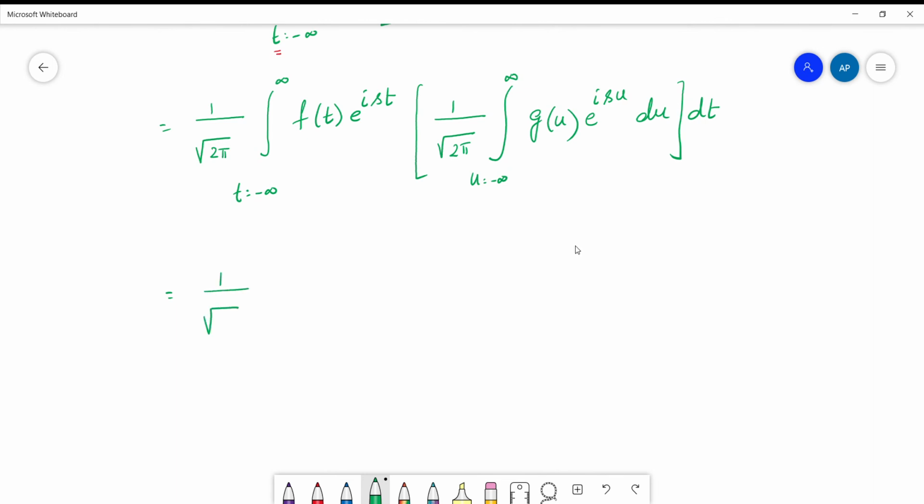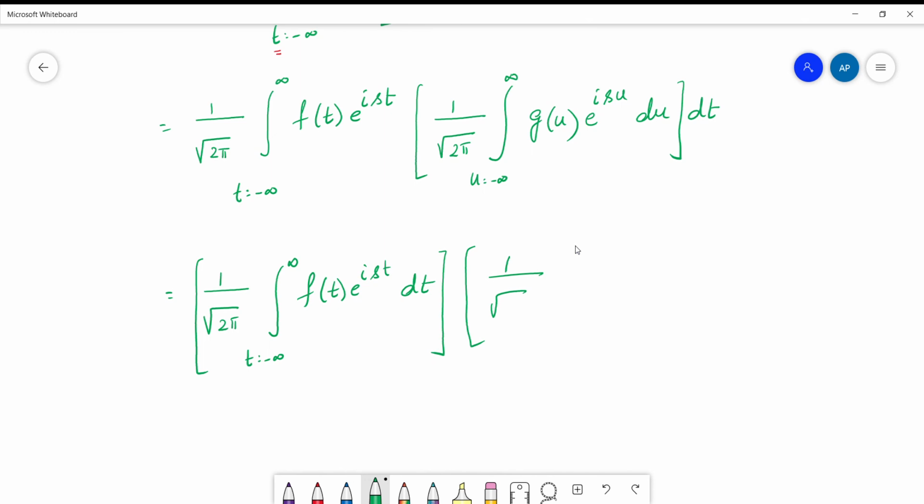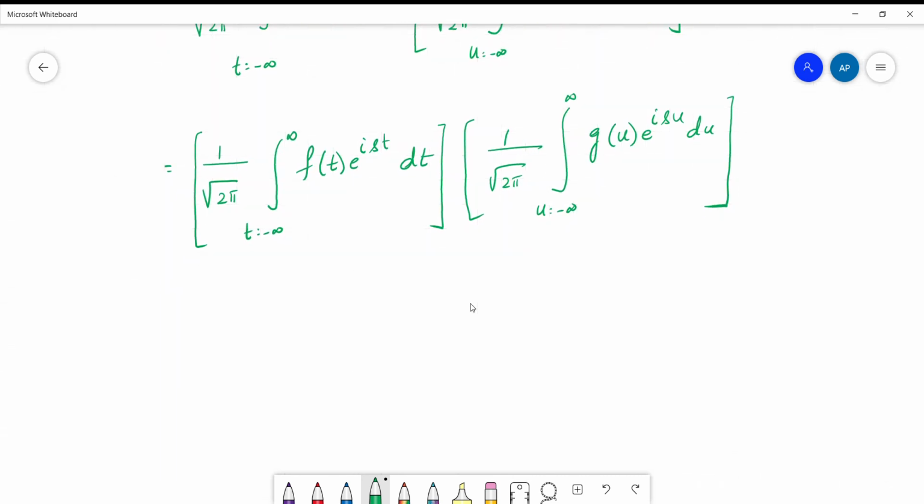It is 1 by root 2 pi integral t varying from minus to plus infinity f of t e power ist dt. This is one integral, which I put in a bracket, and into the next one, 1 by root 2 pi integral u varying from minus infinity to infinity g of u e power isu du. If you note here, both remind you of the Fourier transform definition, but for different functions.